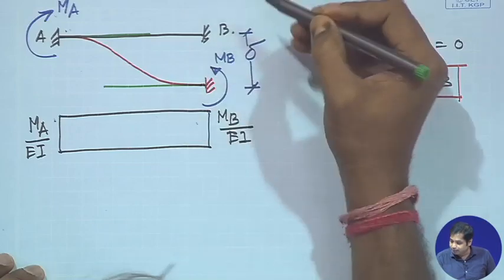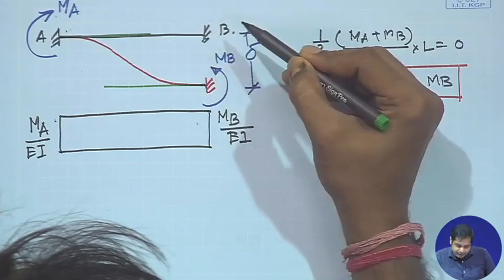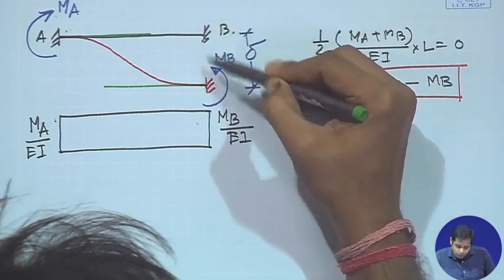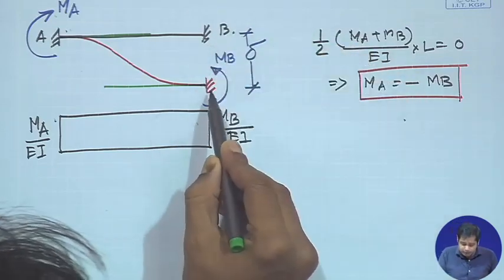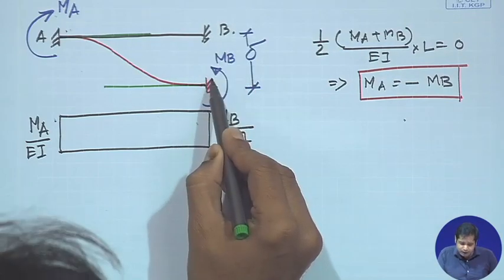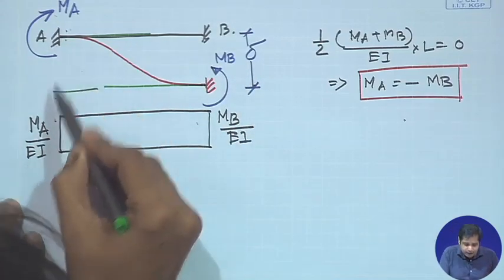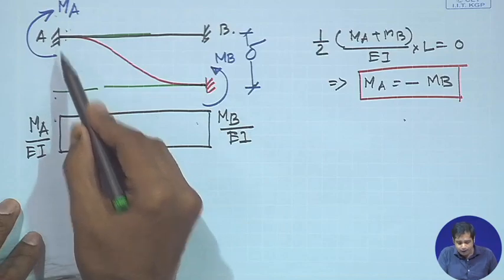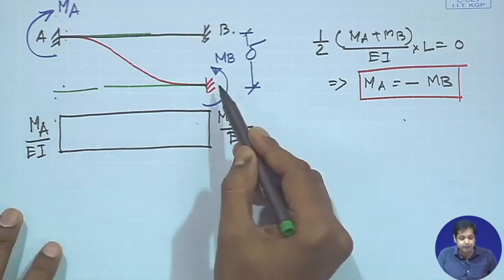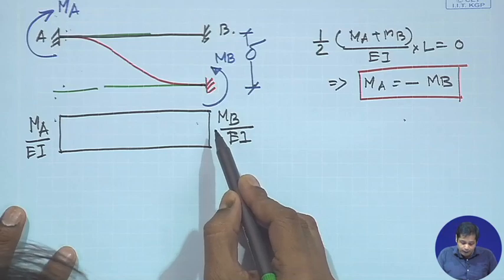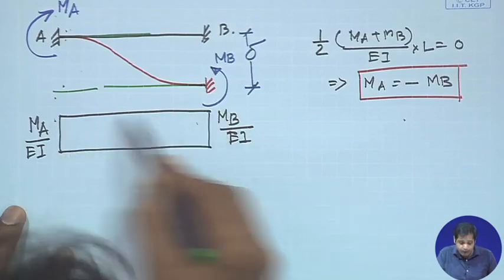This delta is essentially the deviation of point B drawn on the slope at point A, or the same delta is the deviation of point A on the slope drawn at point B. So, that deviation can be obtained by taking the moment of the bending moment M by EI diagram.